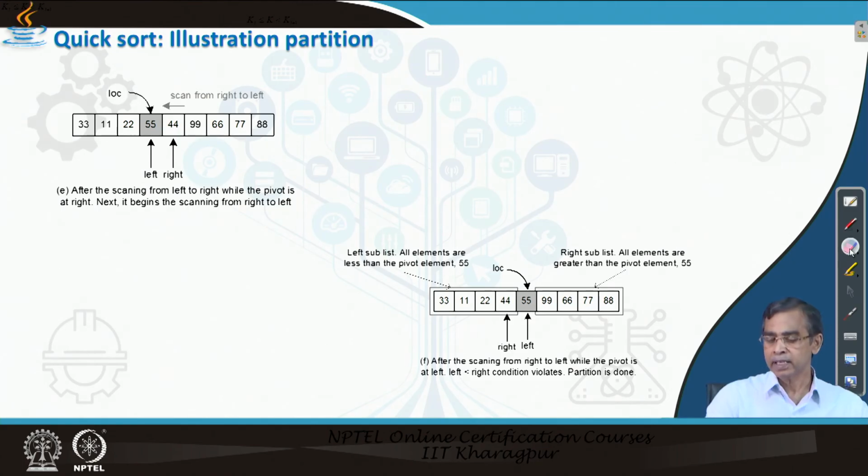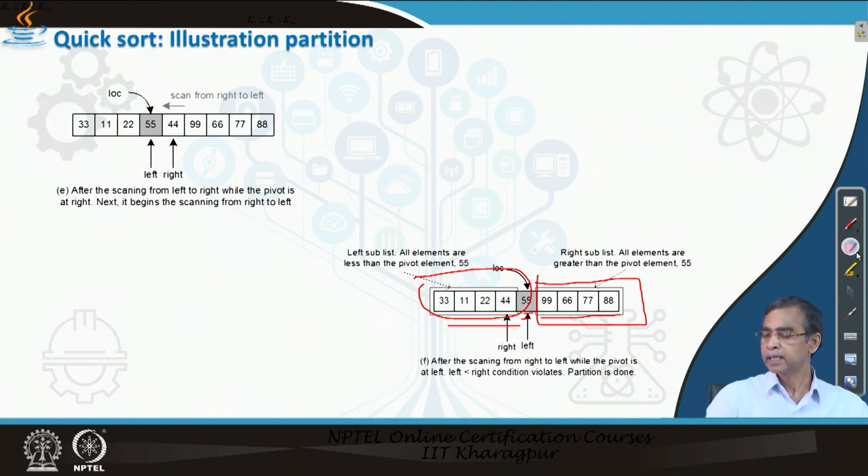Now at this position, whenever left and right come to the same place, we see that this list contains all elements which are greater than this element, and this list contains all elements which are less than this pivot element.